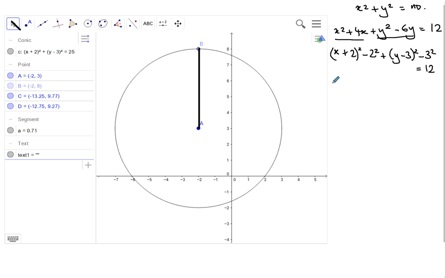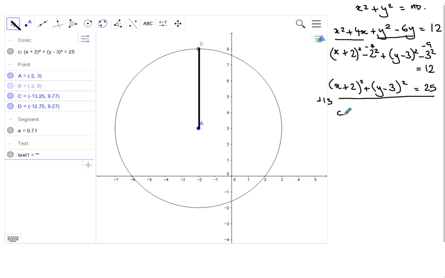So let's put our x plus 2 squared plus y minus 3 squared, and let's do our numbers. We've got minus 4 there, we've got minus 9 there, so we're actually going to add 13. So 12 plus 13 equals 25. Can you see, it was really quite easy. As I said, that looked really ugly, and we've just made it pretty.